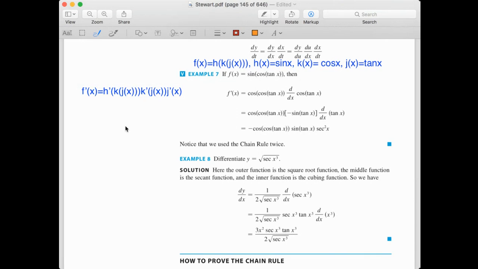So 3 layers, right? Okay, let's do that.